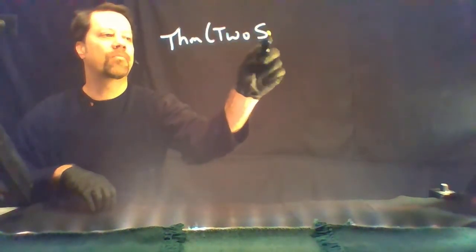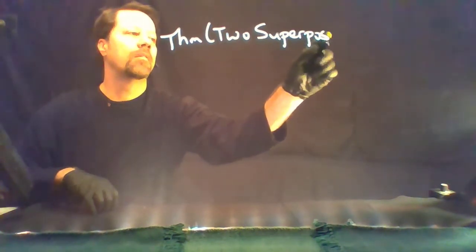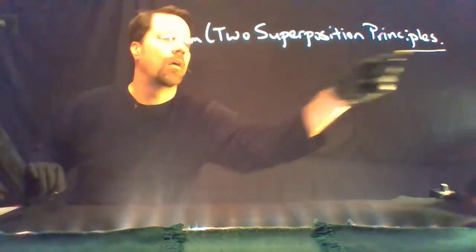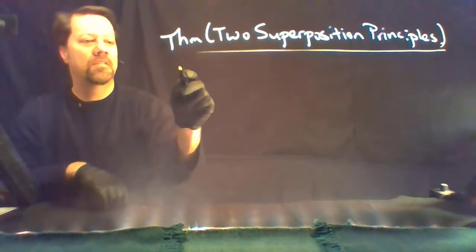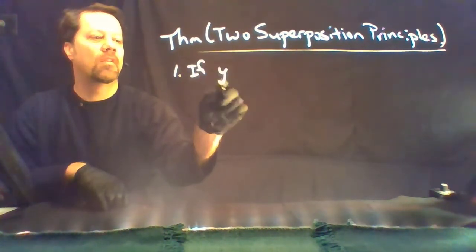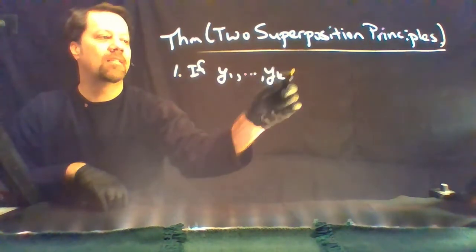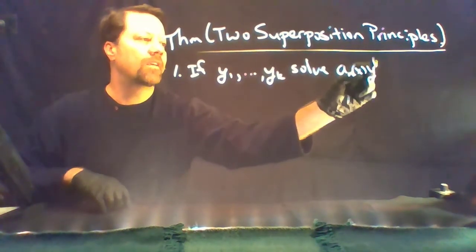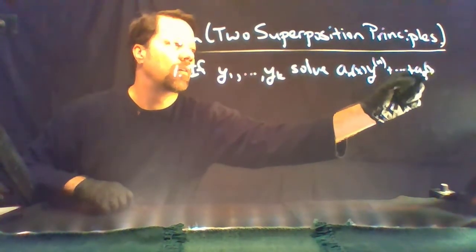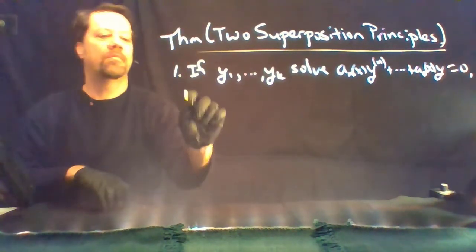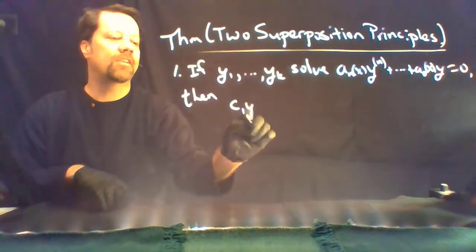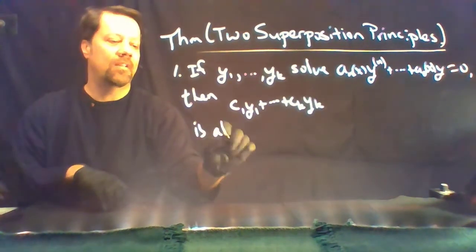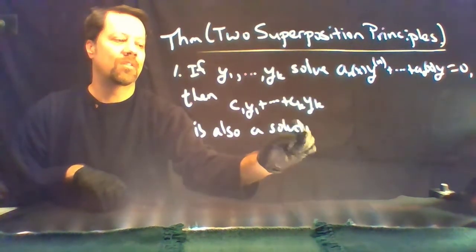It is the two superposition principles. First, if y1 through yk solve an nth order linear homogeneous problem, then any linear combination of those is also a solution.